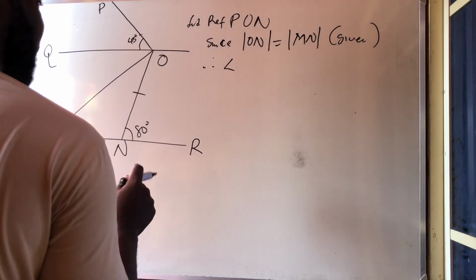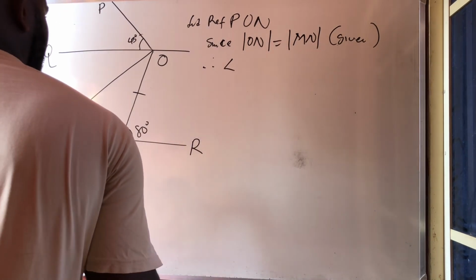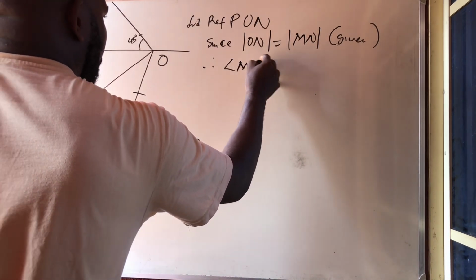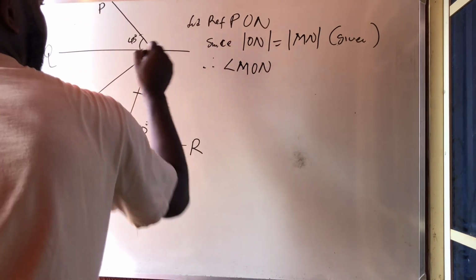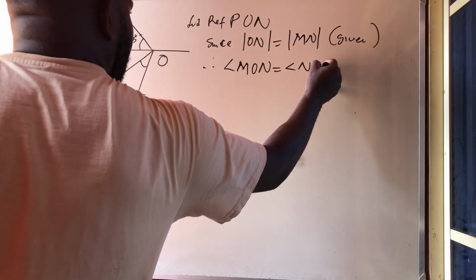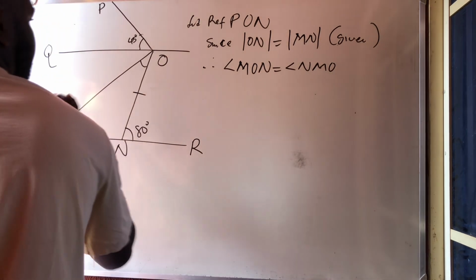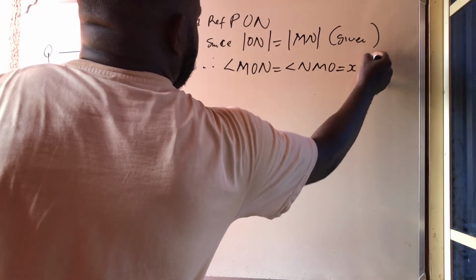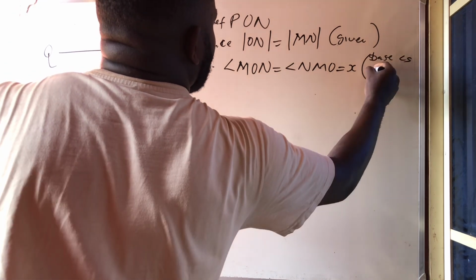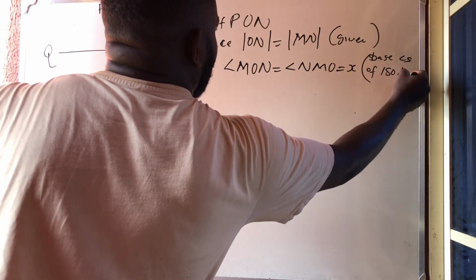It is called base angle of an isosceles triangle. So therefore angle MON, which is here, is equal to angle NMO, which is here. And let me say that is equal to X. My reason is base angles of isosceles triangle.